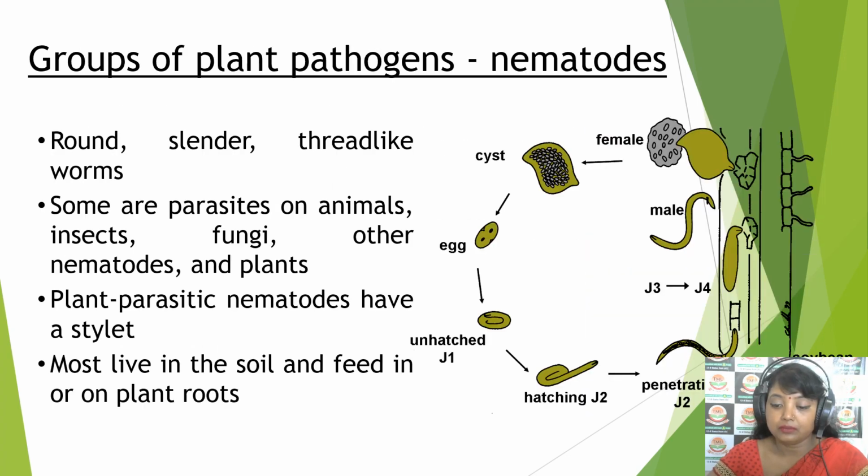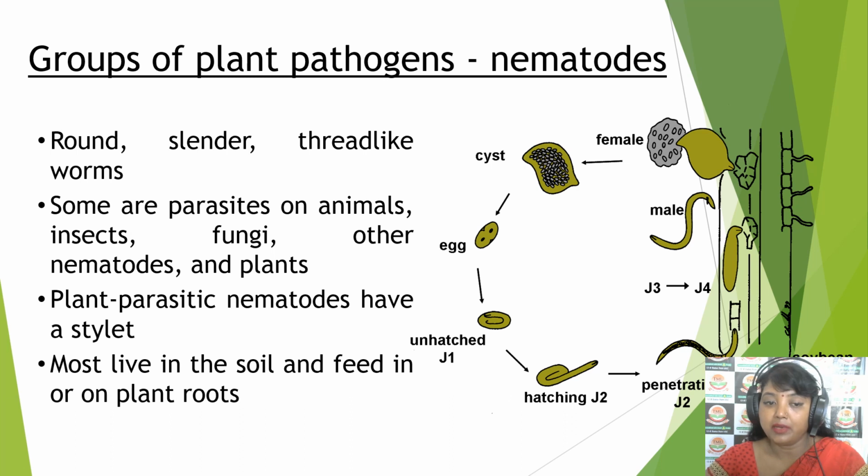So now about nematodes. There is a group of plant pathogens called nematodes, and they also cause diseases in plants. The structure of nematodes is round, slender, thread-like worms. Some are parasitic on animals, insects, fungi, other nematodes and also plants.